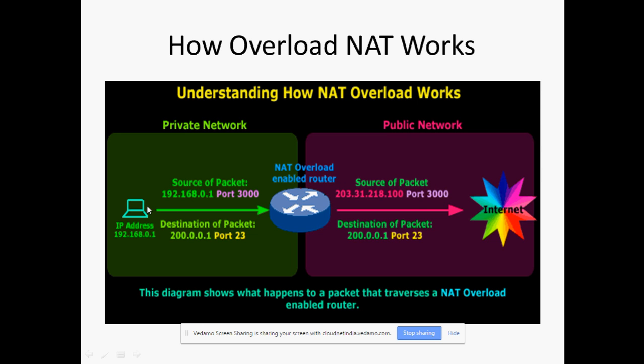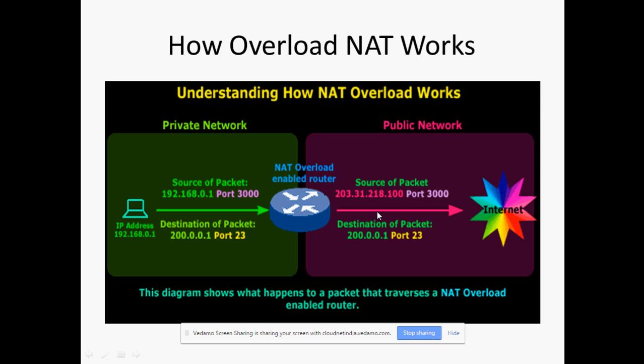But if another computer, like 192.168.0.2, tries to access the public internet, the same IP 203.31.218.100 will be used to map it, but the port will be different. In this case, if 0.1 uses port number 3000, then 0.2 will use another port number, which may be 3010, 3002, or 3005. So overall it is unique.